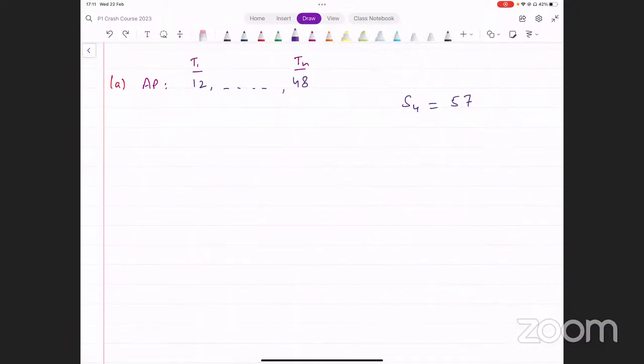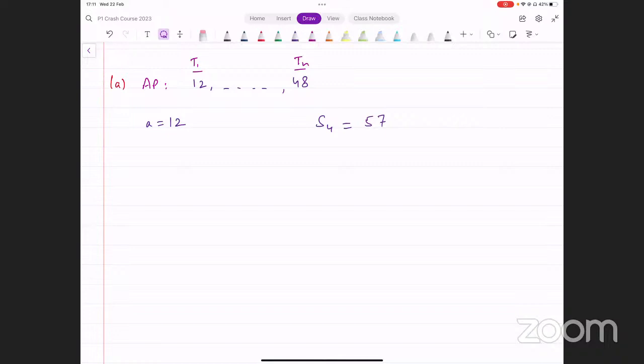Now, how do we figure this out? So we have an AP for which we know the first term. The first term is 12. We know the sum of the first 4 terms, that is 57. We don't know the value of n, right?